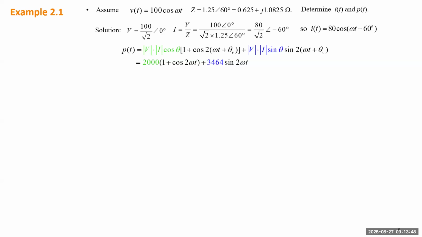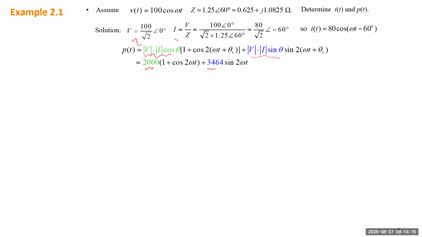You see that the formula is largely simplified because we have plugged in the values, such as the RMS value of voltage and current, so we can largely simplify the amplitude of the two items into just two numbers.